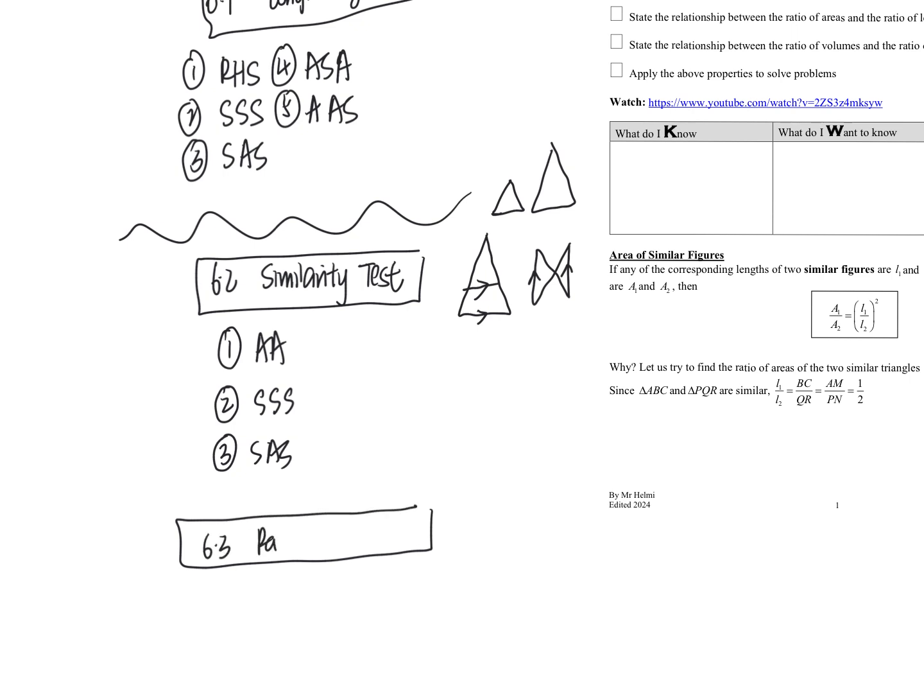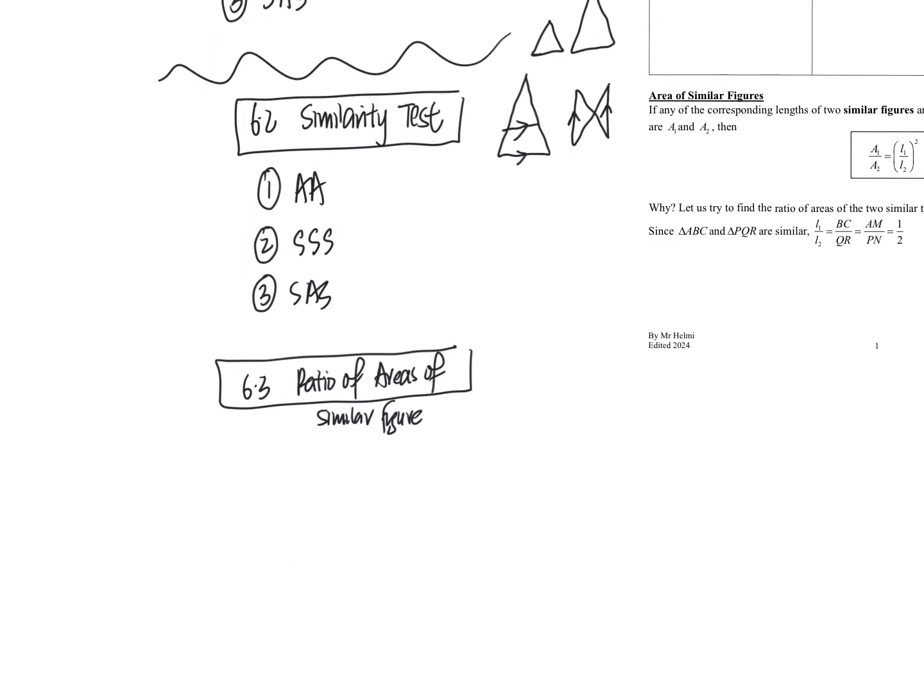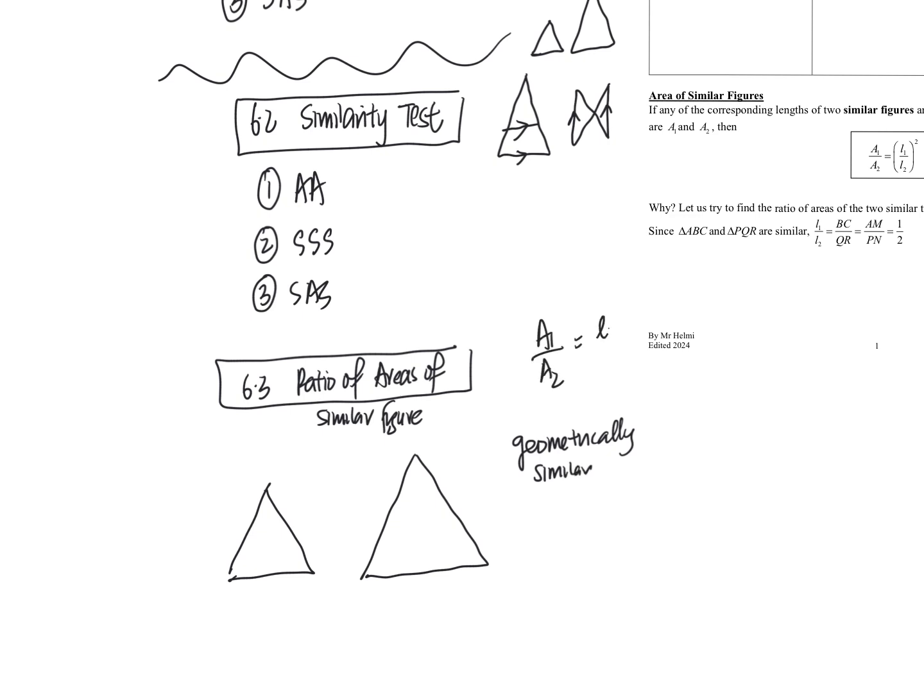tells you the ratio of areas of similar figures. So no matter what shape you are given, parallelogram, trapezium, any two-dimensional shape you can have, if I have two that are similar, that means I tell you these two are geometrically similar, then the ratio between their area is the square of the ratio of their sides.